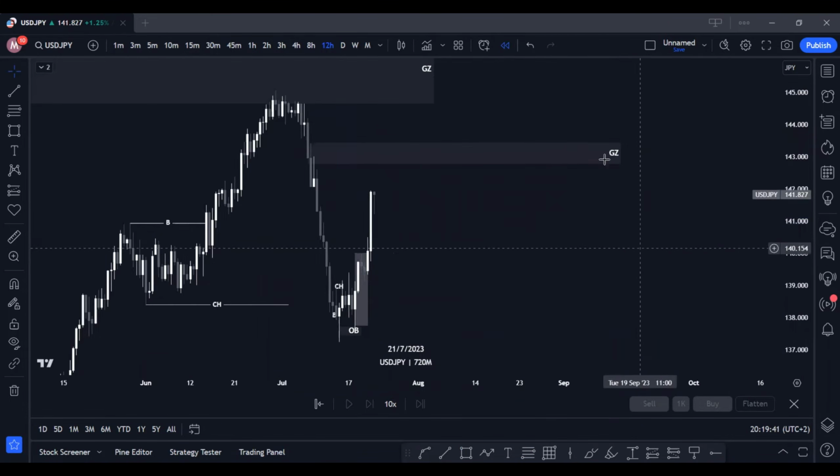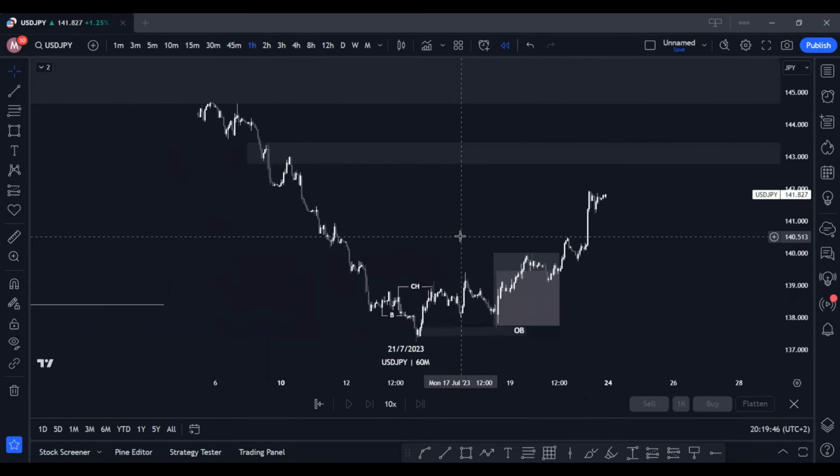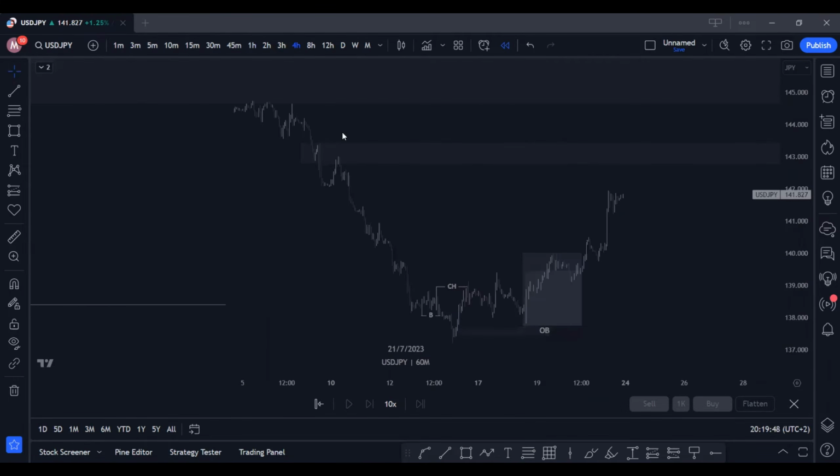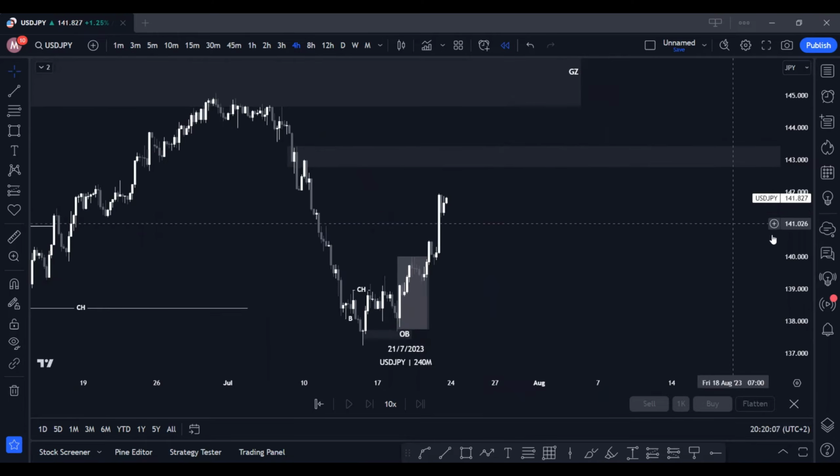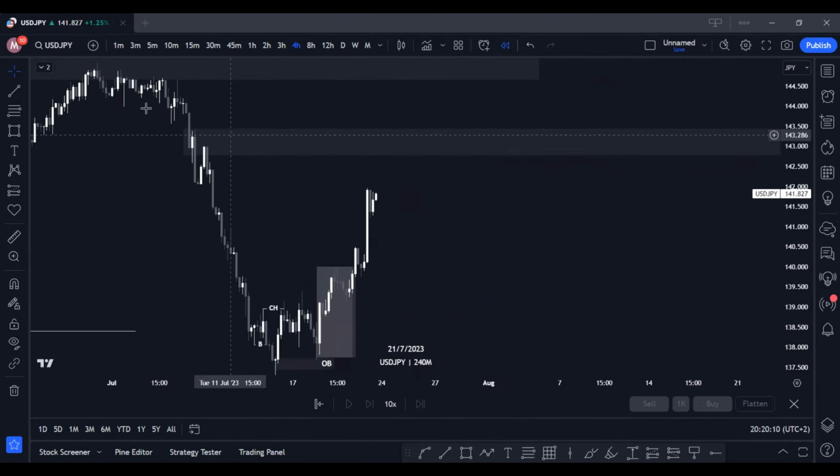Okay, so now you can have your golden zone or your supply zone here on your 4-hour chart.